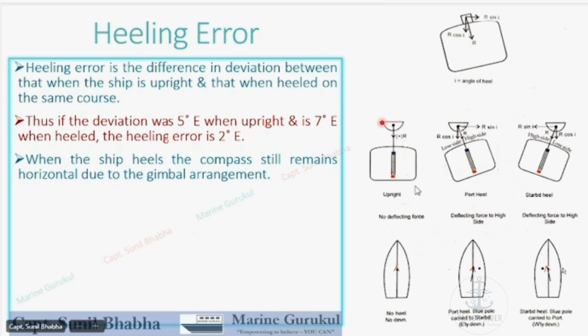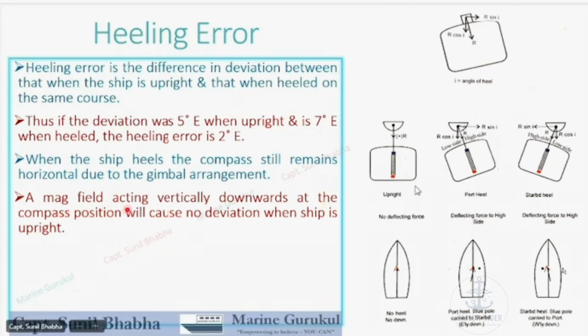This is the compass bowl, and in this particular ship we have a permanent magnetic field present in the vertical orientation. You can see we have a vertical magnetic field exactly below the compass card acting vertically downwards. This particular vessel has the blue end on top closer to the compass and the red end at the bottom.